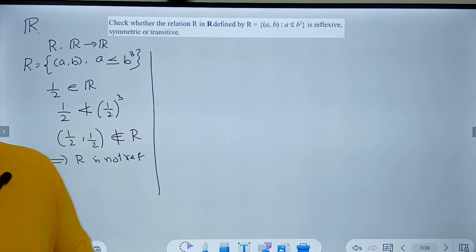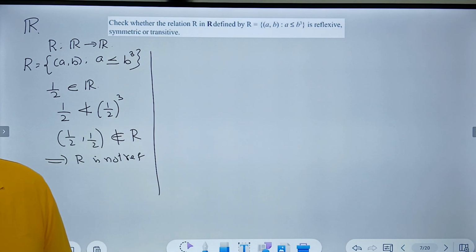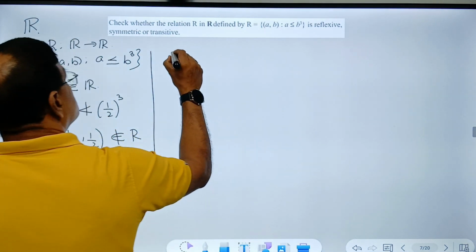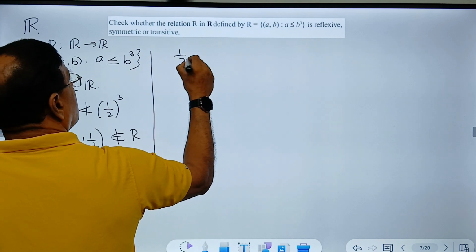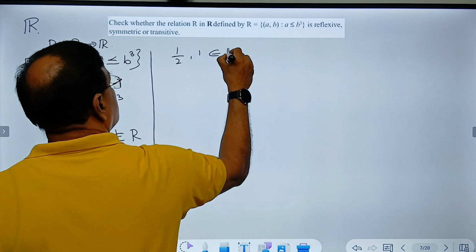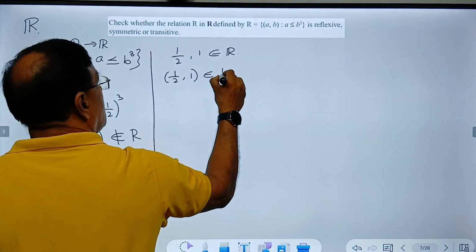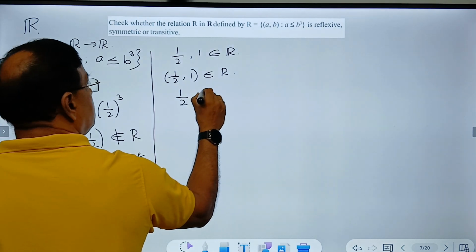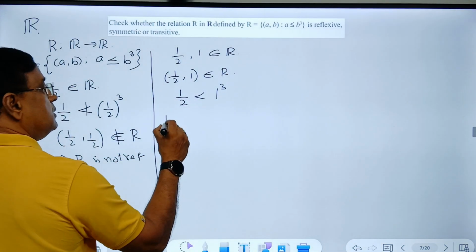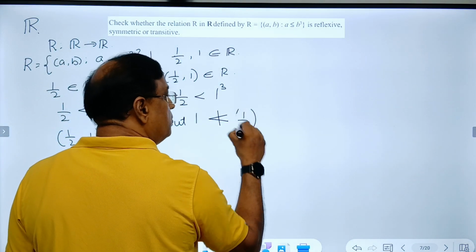Okay. Now I have to give an example for not symmetric. What example will I take? I'll choose the same example, 1/2. Clearly (1/2, 1) belongs to R. Why? 1/2 is definitely less than 1 cube, but 1 is definitely not less than (1/2) cube.